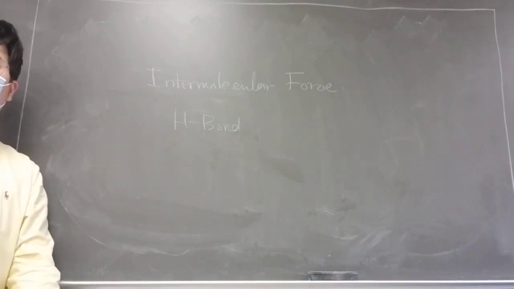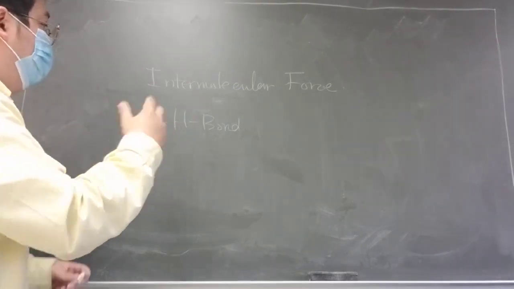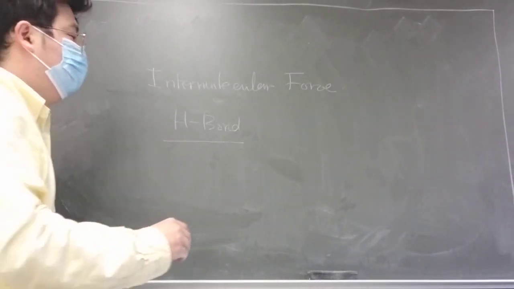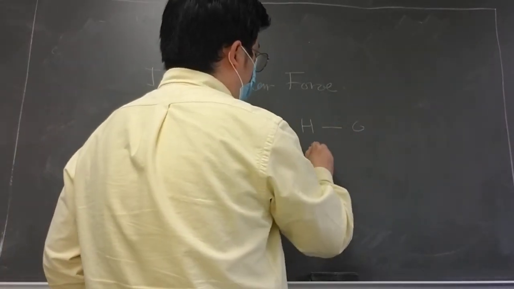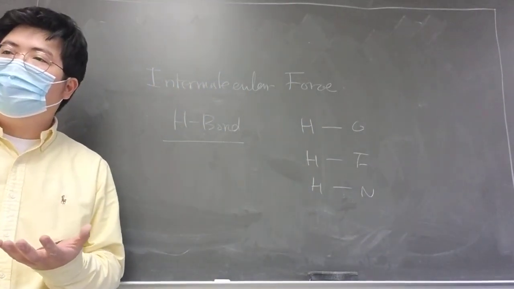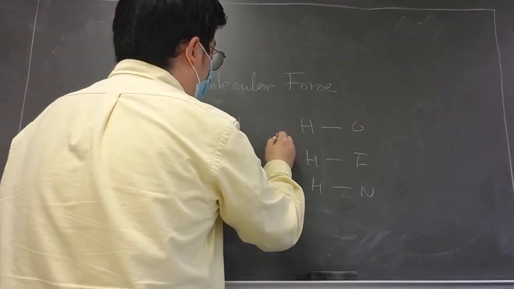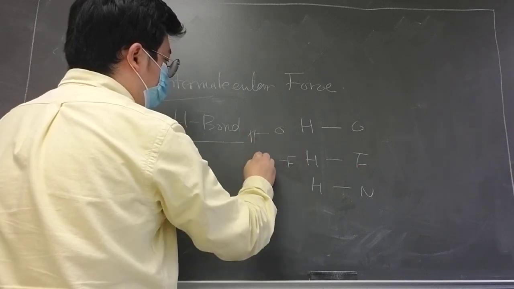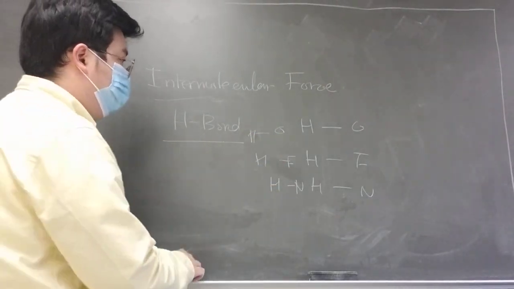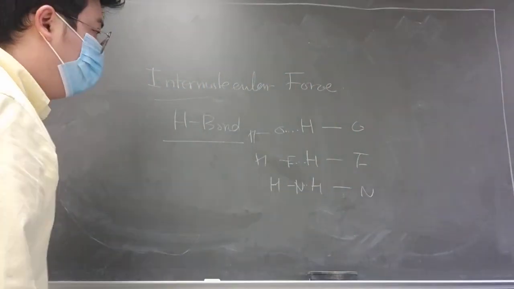If you think about dipole-dipole interactions, which always come from polar compounds, among all types of dipole-dipole interaction, this is the strongest one, because hydrogen has a covalent bond to the electronegative elements in the periodic table, either oxygen, fluorine or nitrogen, which will strongly interact with those hydrogens in other compounds, or the same compound.